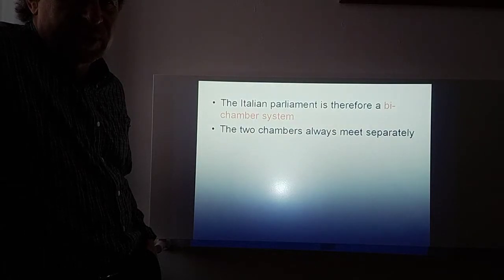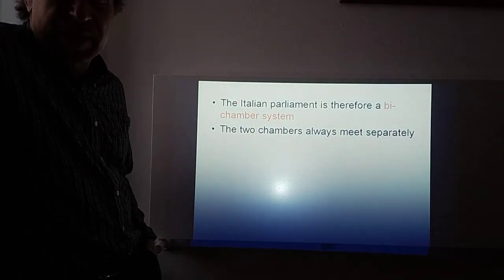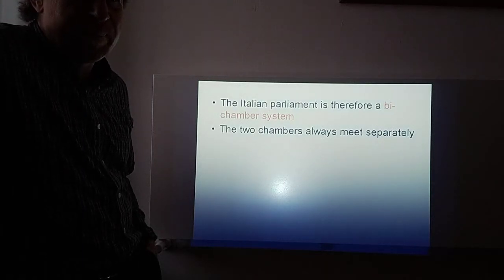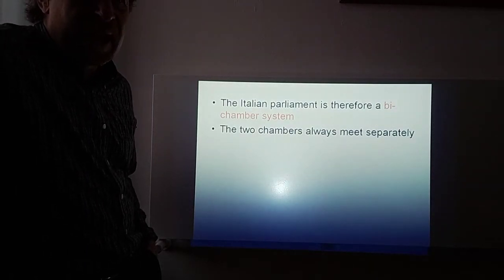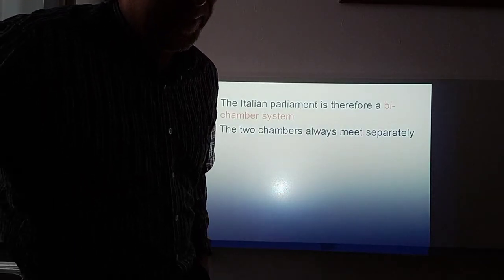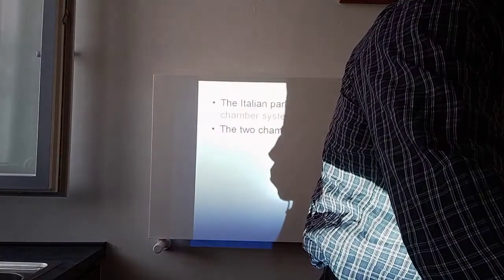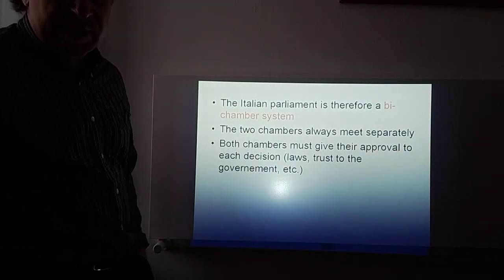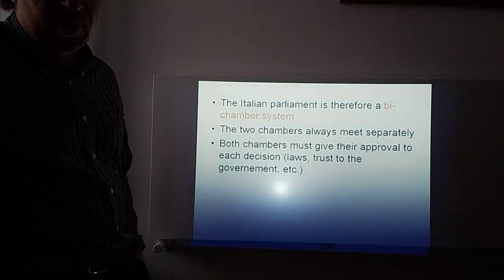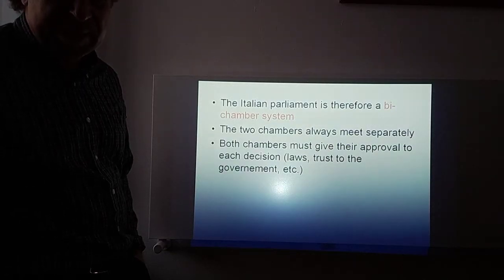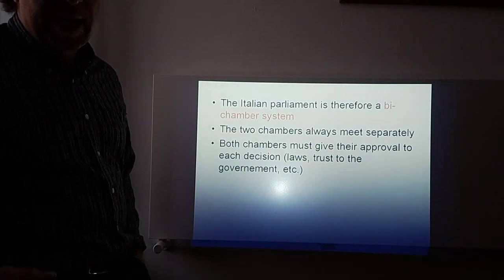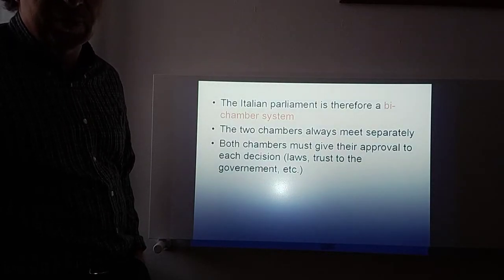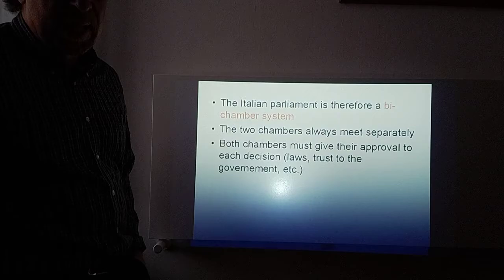The two chambers meet separately, or they can meet together, we'll talk about that in a minute, but they meet separately as organs of the Constitution, and then give their approval. So first a law could go to the Chamber of Deputies, be approved, and then it would have to go through the Senate and be approved as well before it can become law.